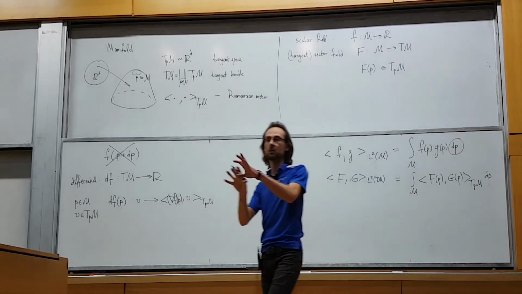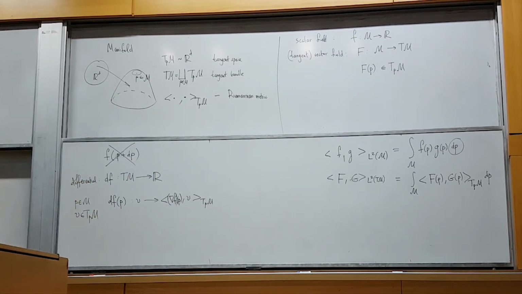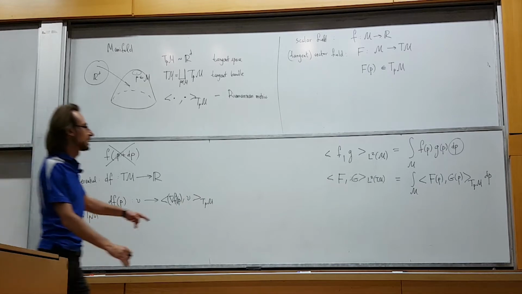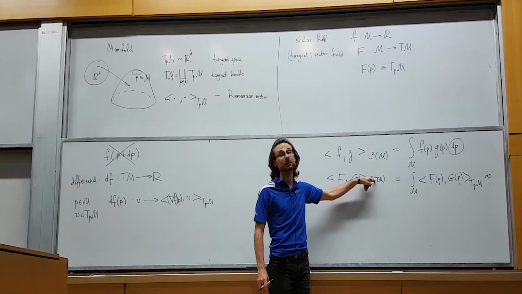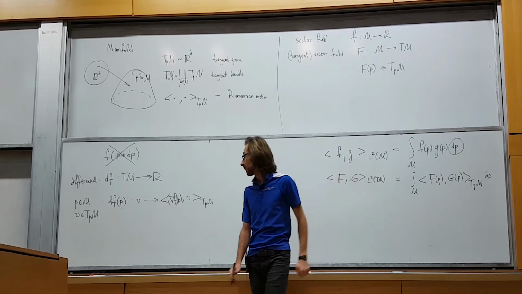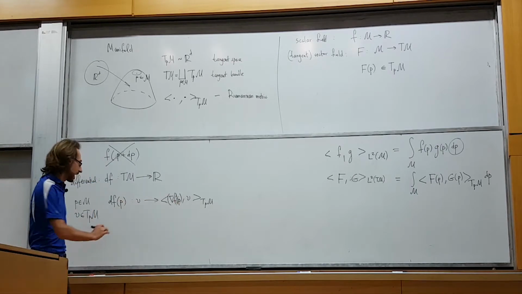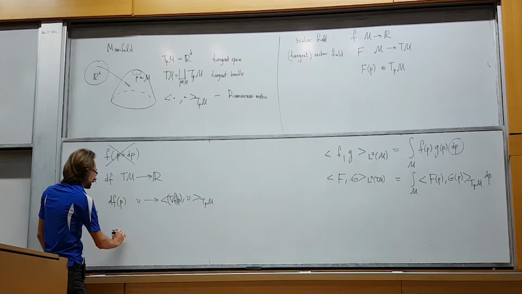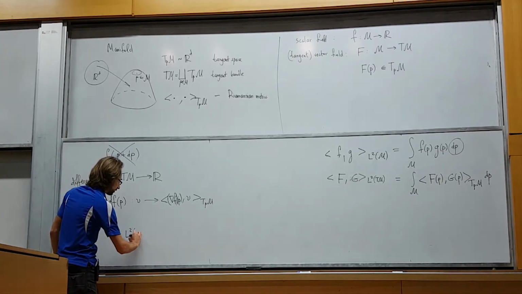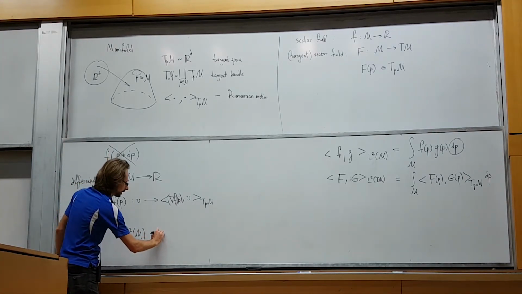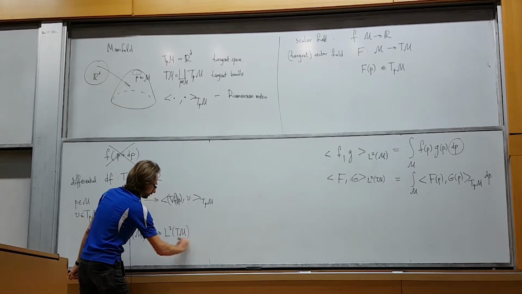Okay, so these are two standard inner products that I can define on scalar fields and vector fields. And this way I have these two Hilbert spaces of scalar fields and vector fields on the manifold. Now, once I have this definition, let's go back to this operator. I am defining the gradient operator that takes an object, a scalar field, and gives me a vector field. Okay?